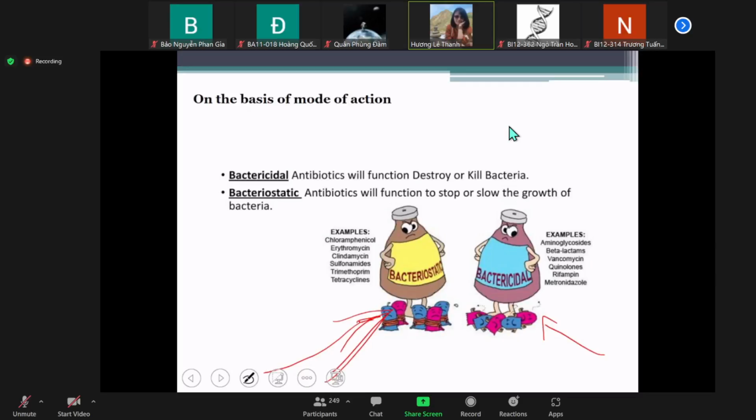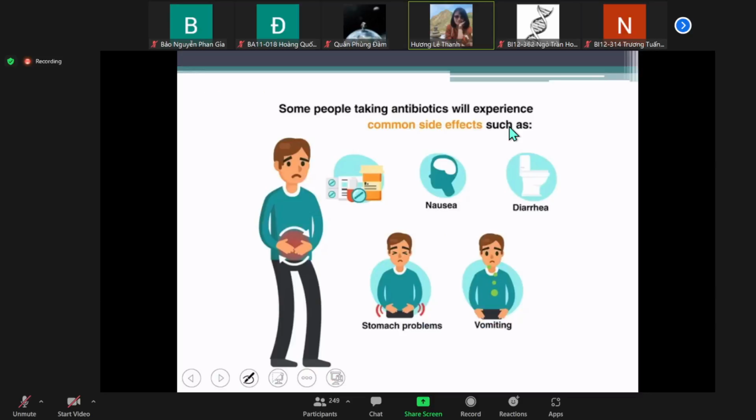And because you know that bacteria and eukaryotic cells share some common characteristics, when we use antibiotics, we may have several side effects, right? And also because we have good bacteria inside our bodies, 10,000 times the number of our own cells, when you use antibiotics, it will affect our good bacteria.